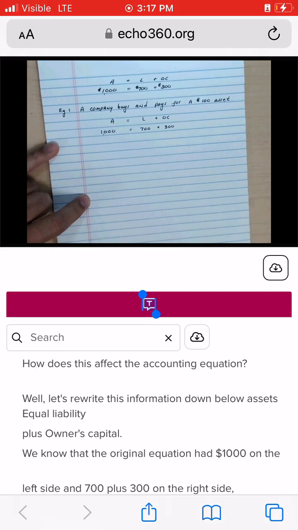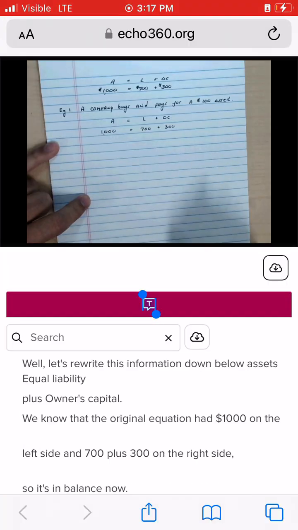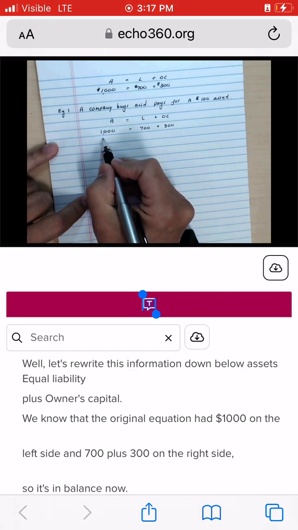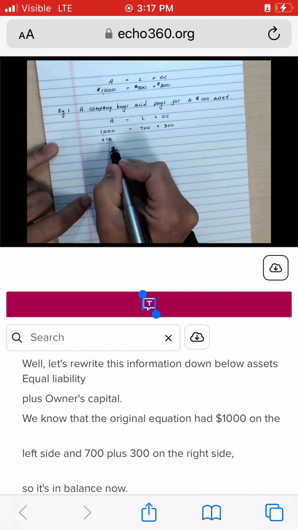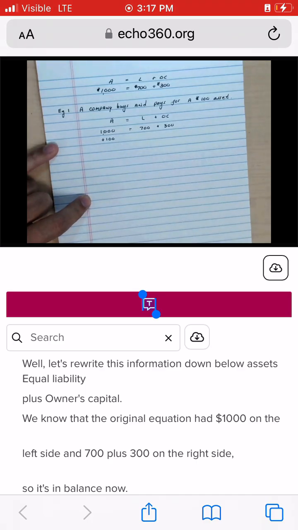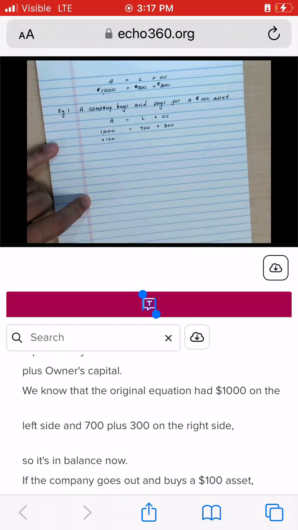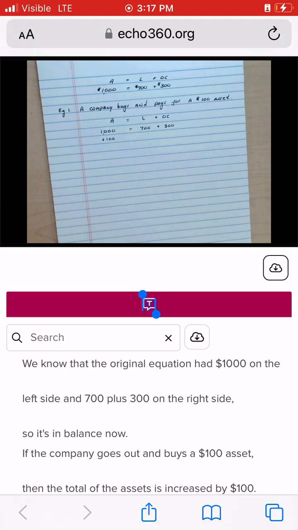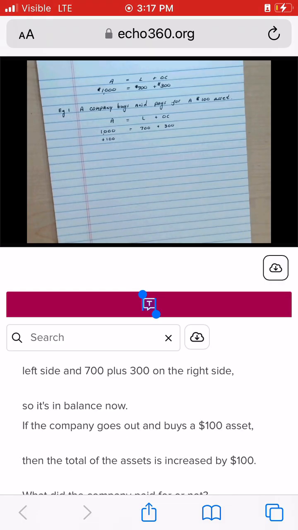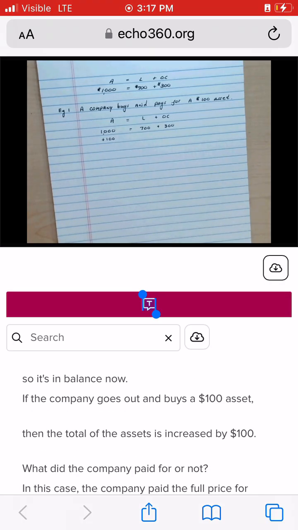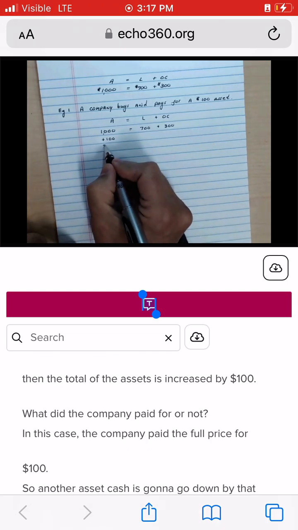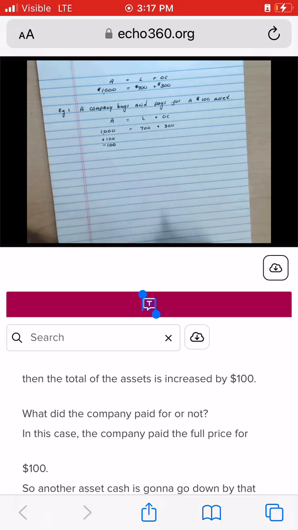Now, if the company goes out and buys a $100 asset, then the total of the assets is increased by $100. Whether the company paid for it or not. In this case, the company paid the full price, the full $100. So another asset, cash, is going to go down by that same amount of money. So we have another asset here. It's going down by $100.